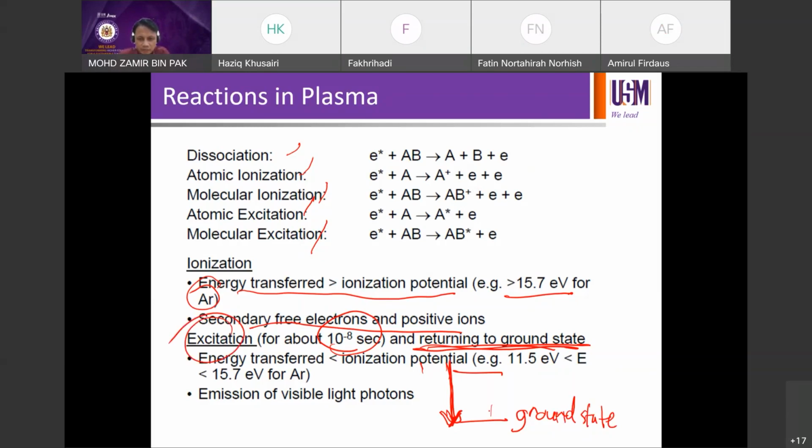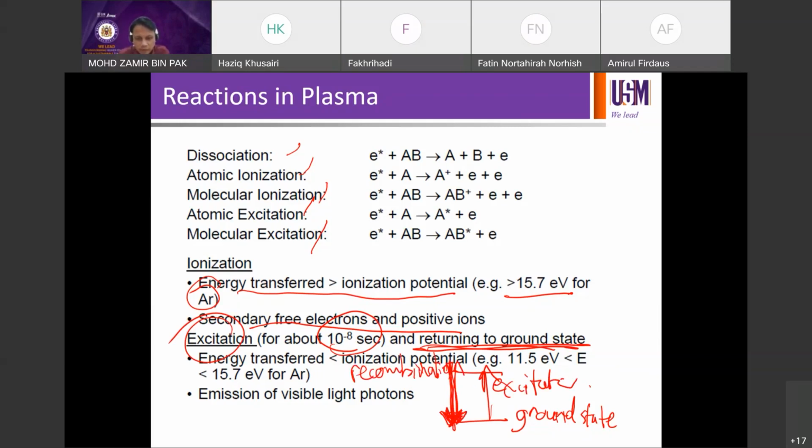Excitation, if you go to a higher state, right? So if you reverse that, you're going to get recombination. So due to this recombination, what do we get? Returning to the ground state, what do we get as a result?